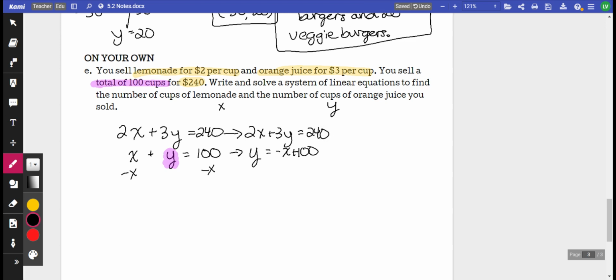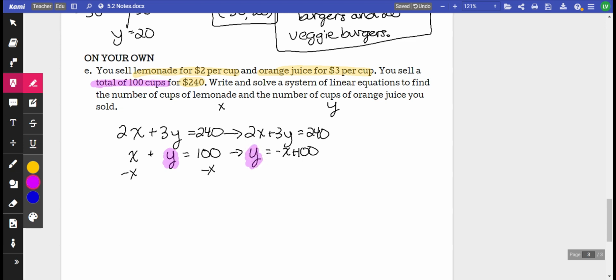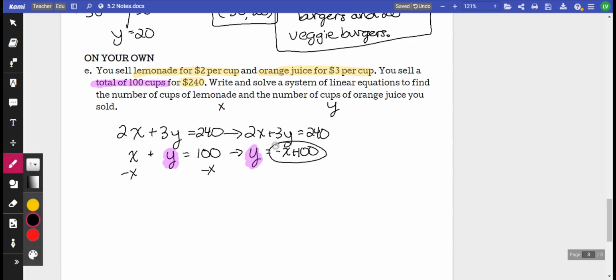All right. So I know that the y is going to equal negative x plus 100. So I'm going to take that and plug it in for my y into the first equation. So that becomes 2x plus 3 times the quantity negative x plus 100. And that equals 240.